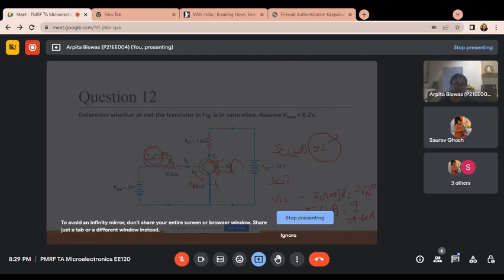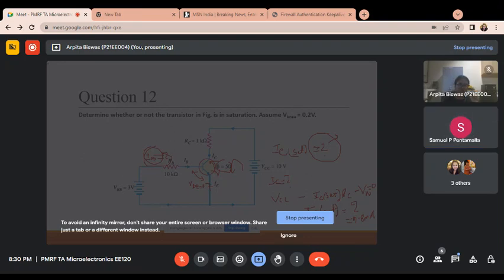Samuel, have you got the answer? This IC value is 9.8 milliamps. Have you calculated? Not yet, madam. Okay, I have to substitute this. IC sat is 9.8.